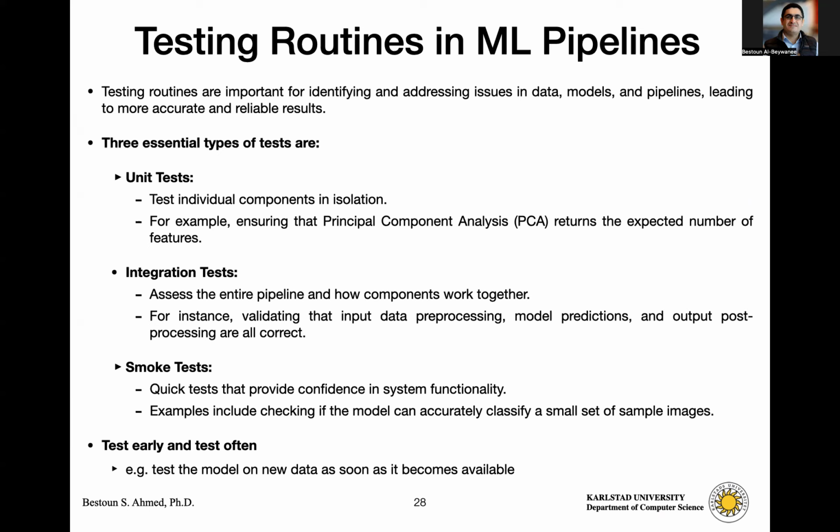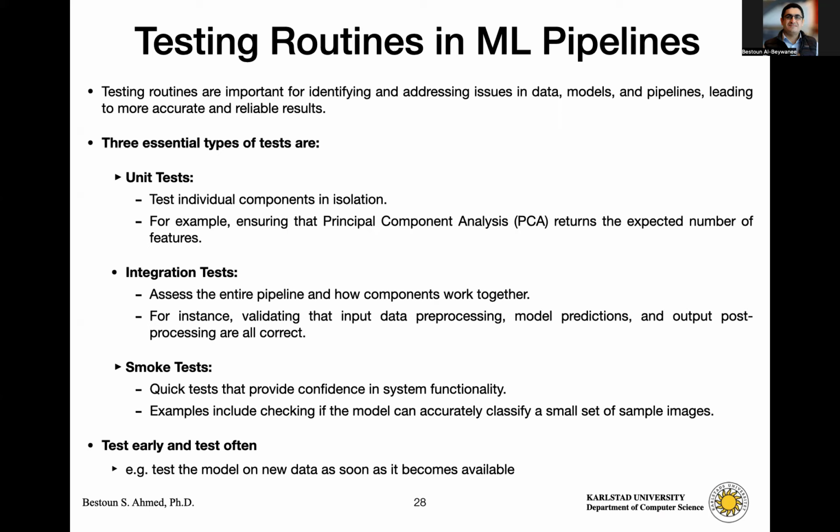So unit testing, I'm sure you know this, is for normal software, not machine learning, but in machine learning we also have the same concept. With unit testing, we individually test each component in isolation to make sure that every component is working as it is.